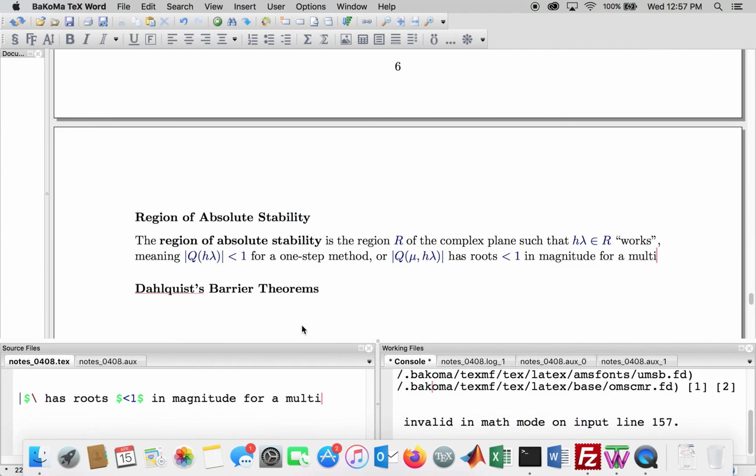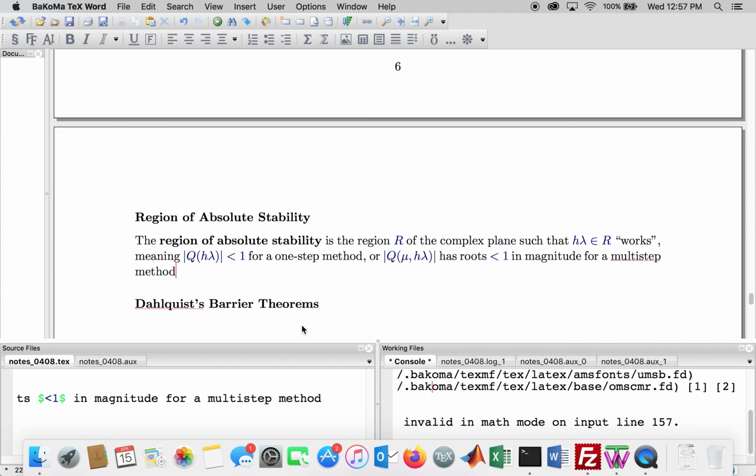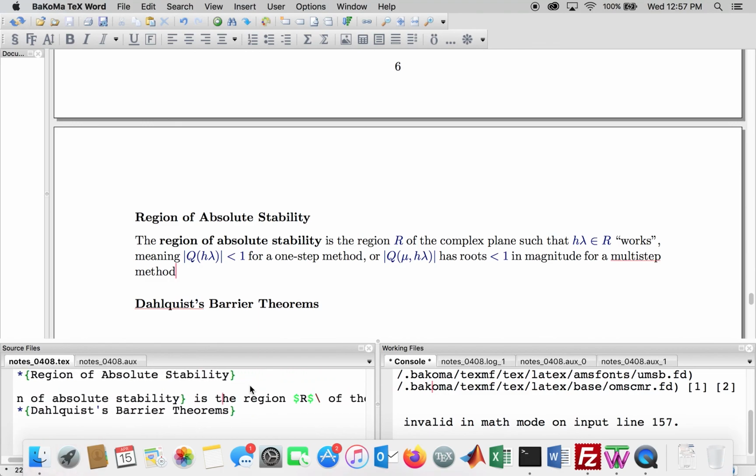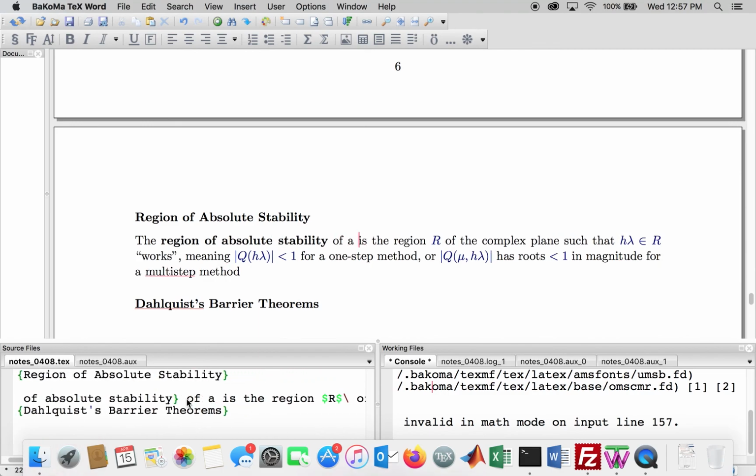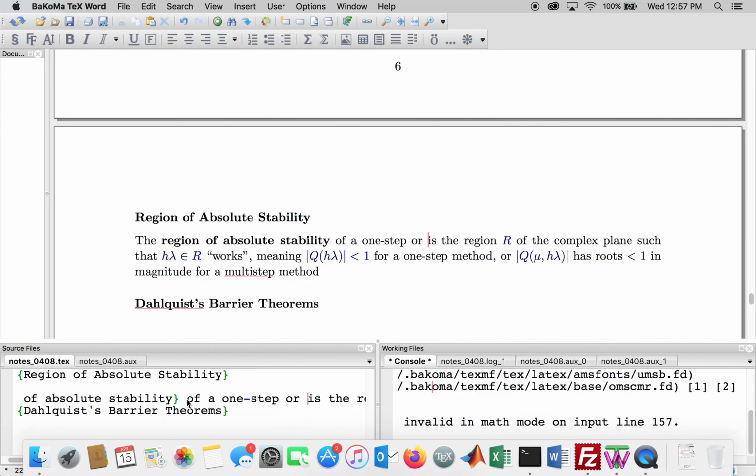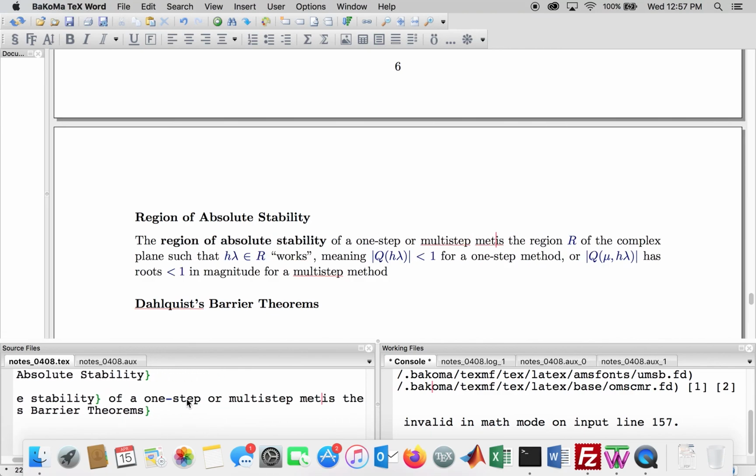So whatever kind of method you're using, the viable choices of h lambda are now thought of as a single variable. The portion of the complex plane that h lambda can sit in to make the method work is the region of absolute stability for a given method.